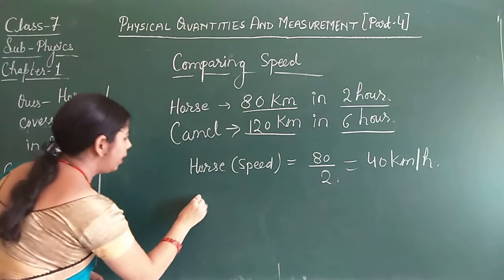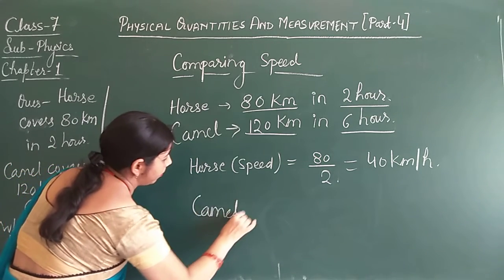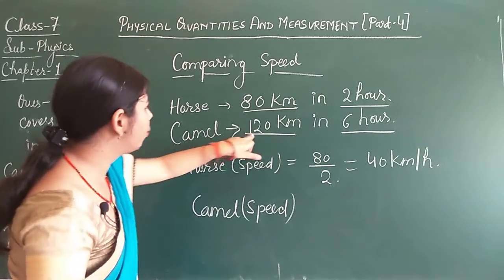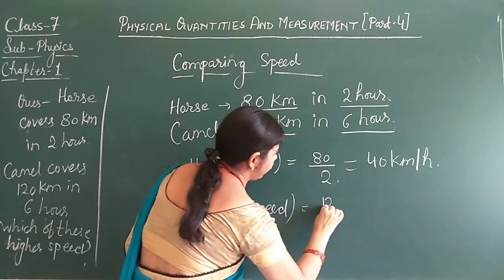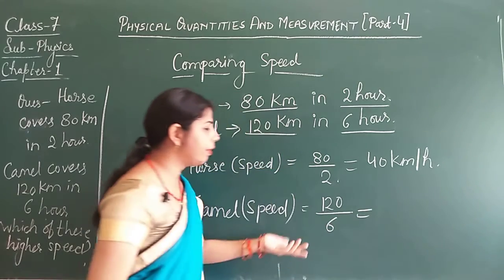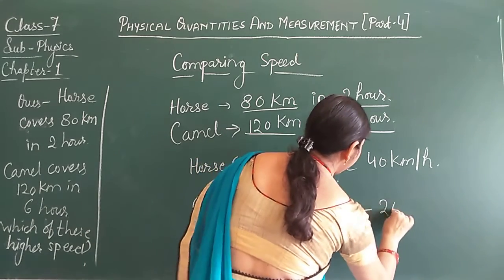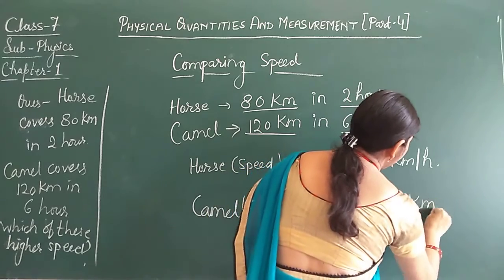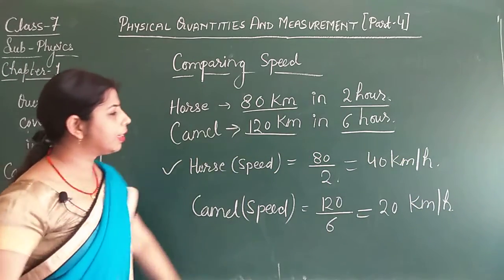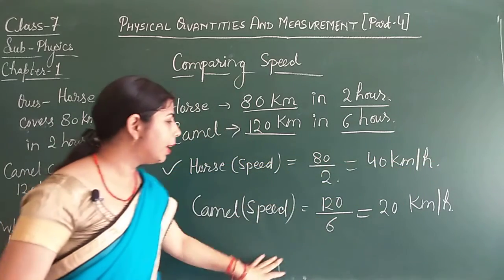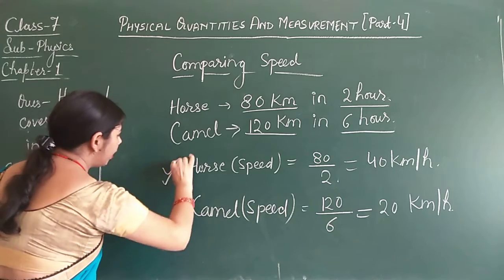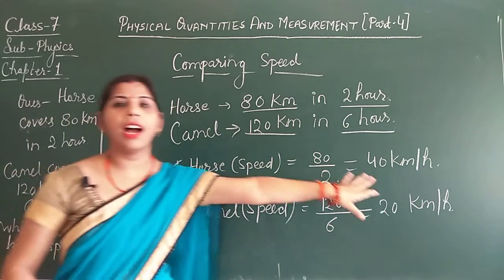And for camel speed, it is given 120 kilometer in 6 hours, so on dividing we get 20 kilometer per hour. That means the horse covers 40 kilometer per hour, but the camel covers 20 kilometer per hour. So whose speed is highest? The speed of the horse is highest.